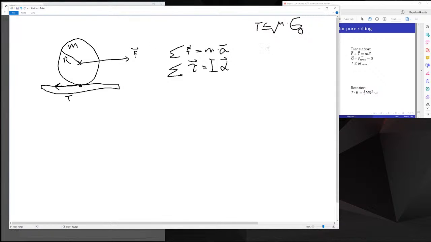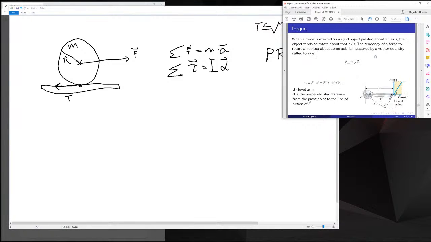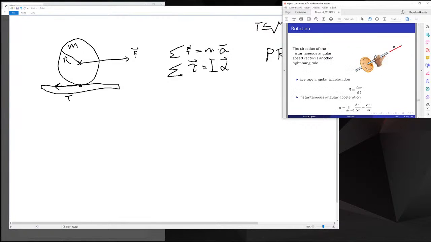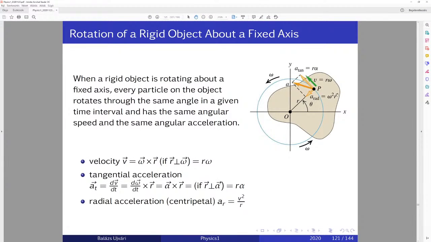Pure rolling. Let's assume this is pure rolling. For pure rolling, we know that v is not independent from omega.